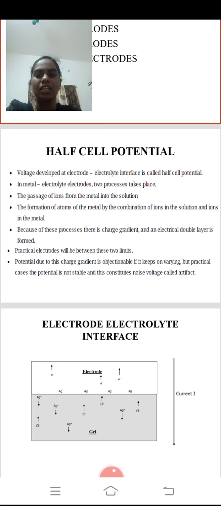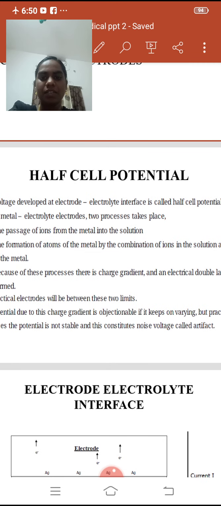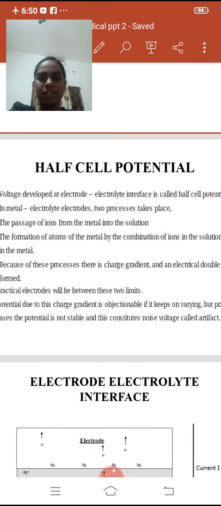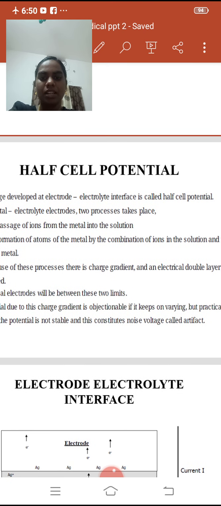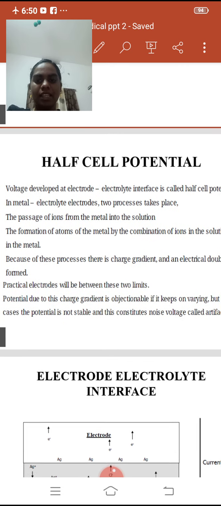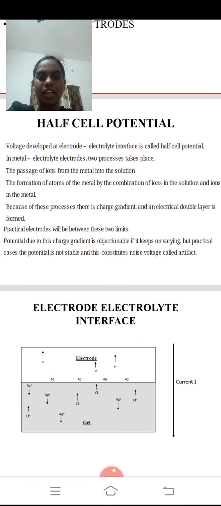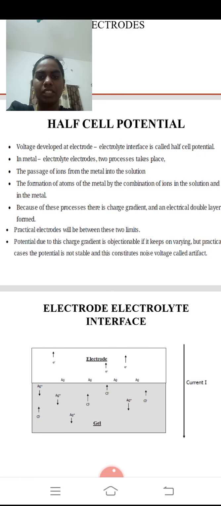In metal electrolyte electrodes, two processes take place: the passage of ions from the metal into solution, and the formation of atoms of the metal by the combination of ions in the solution and in the metal. Because of this process, a charge gradient and an electrical double layer are formed.